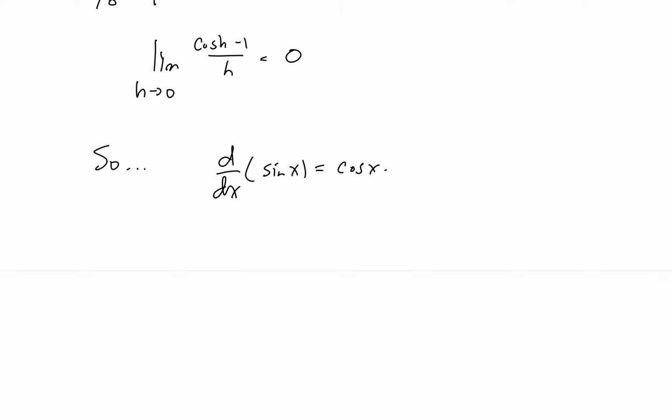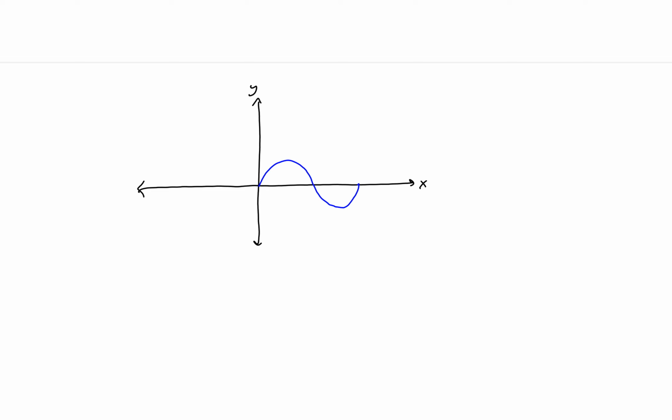And now if we were to graph these functions, it might not be so surprising. If I were to give you the graph of sine x, and I told you to graph the derivative of this function, what would it look like?